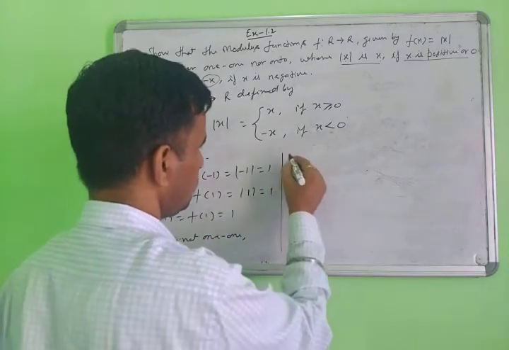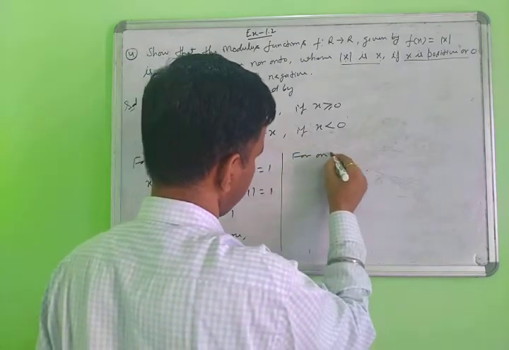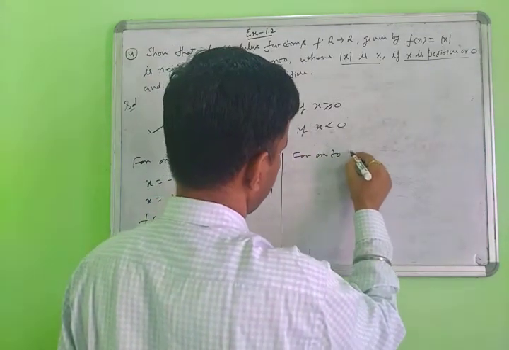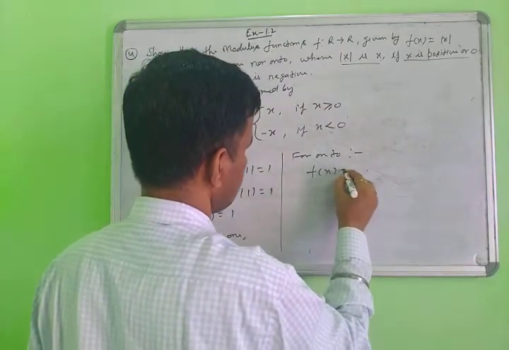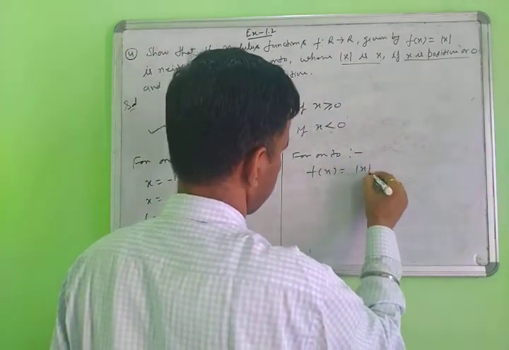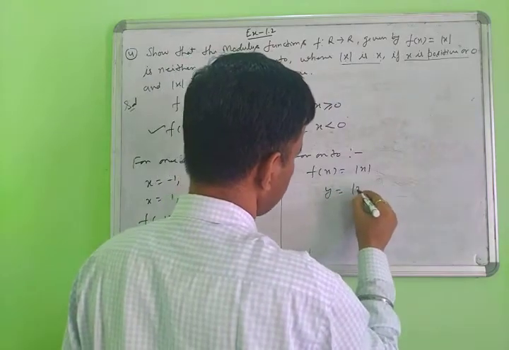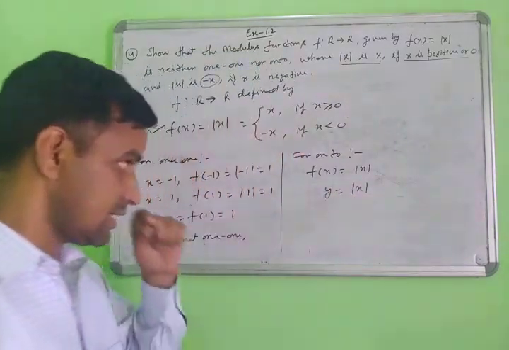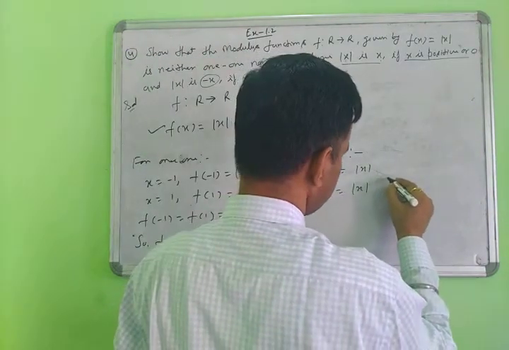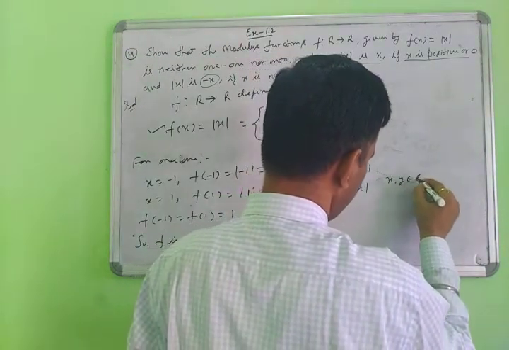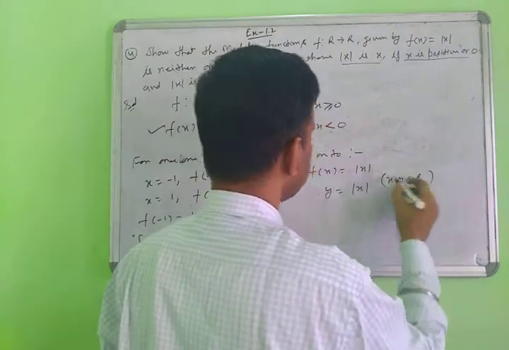Next, for question 2: the function f(x) = |x| and y = |x|, where x and y belong to R, this is the given condition.